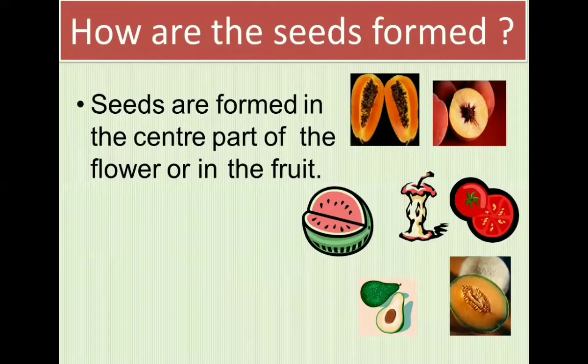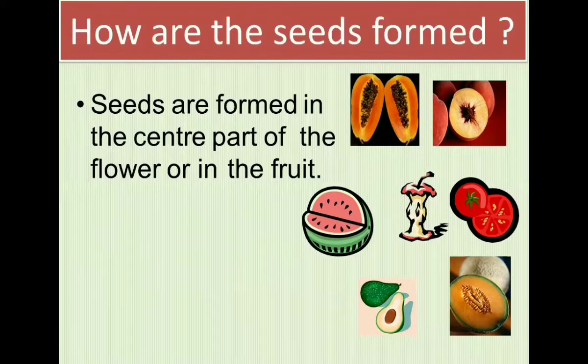How are the seeds formed? From where can we get the seeds? Do you have any idea about it? Seeds are formed in the center part of the flower or in the fruit.